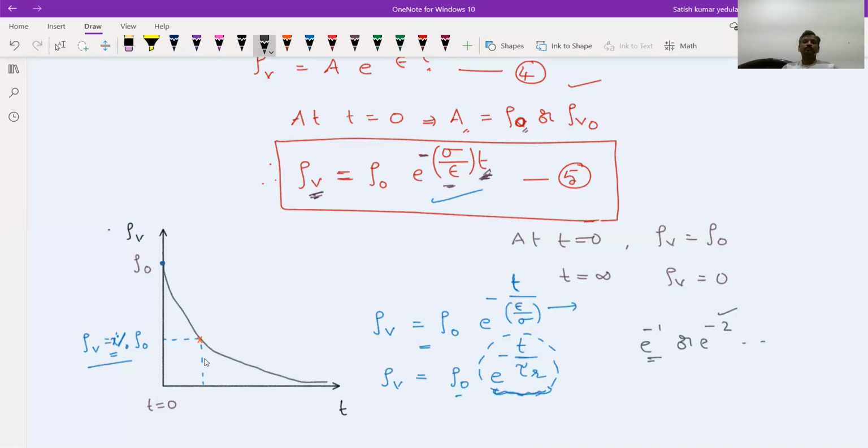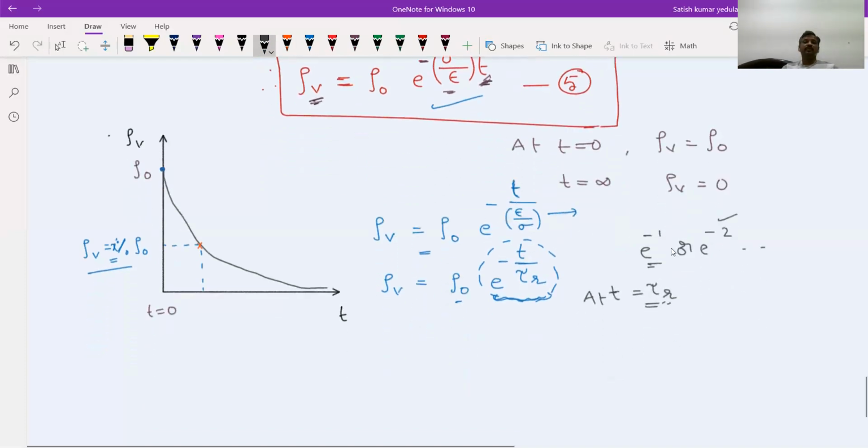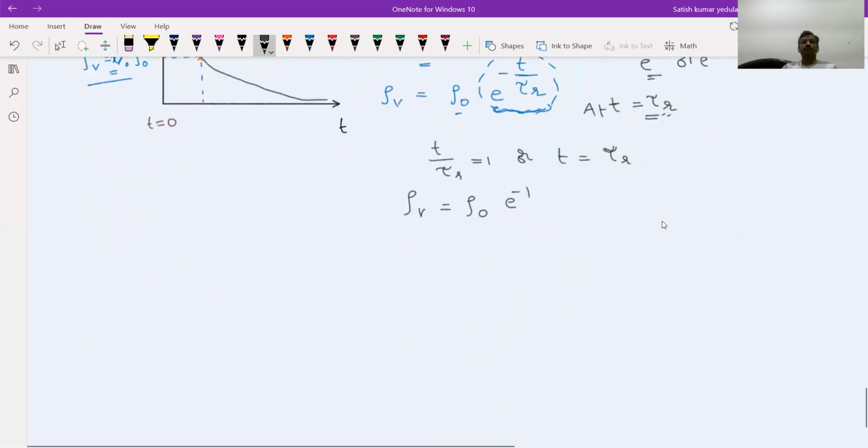And that e power minus 1 you will always get when you take t equal to tau r, and that itself is the time at which the relaxation time is defined. So t by tau r is equal to 1, or this can also be written as t equal to tau r. Both are the same. Therefore rho v is equal to rho naught into e power minus 1, that is at t equal to tau r, or t by tau r equal to 1.